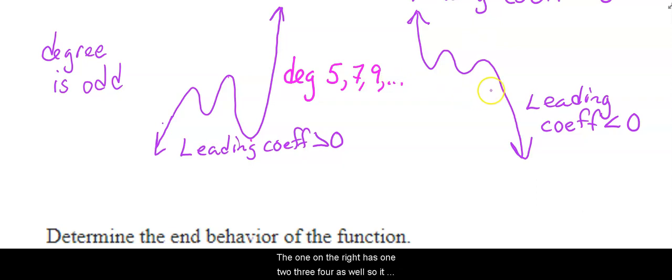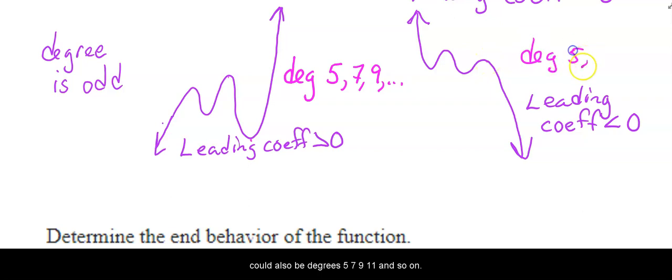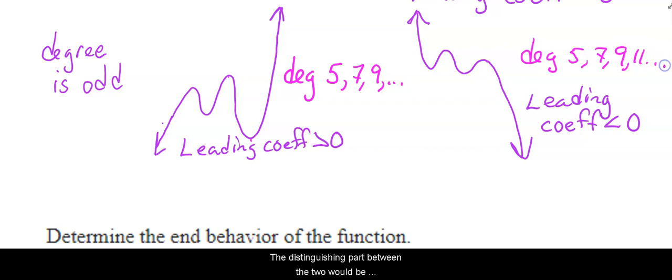The one on the right has 1, 2, 3, 4 as well, so it could also be degree 5, 7, 9, 11, and so on. The distinguishing part between the two would be the value of the leading coefficient, and that it would need to be negative for the one on the right and positive for the one on the left.